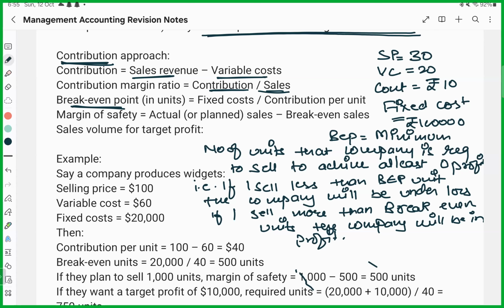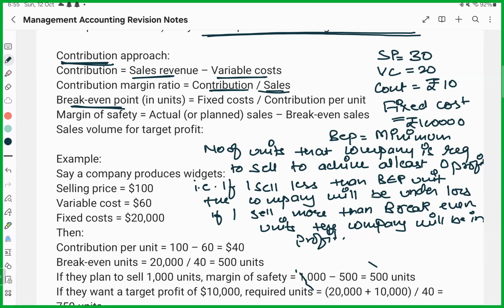So we can understand it in this manner: any incremental unit over the break even point will give me a profit. Any unit less than my break even point will give me a loss. To be at zero profit, I need to achieve at least the break even units of production.